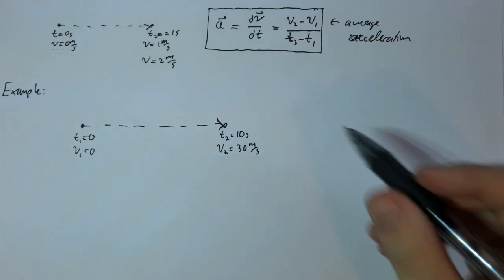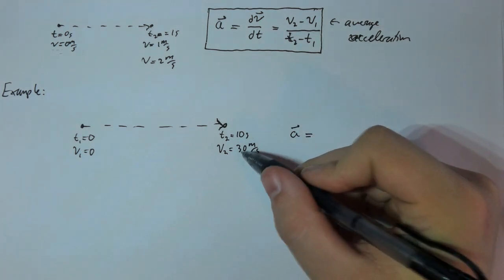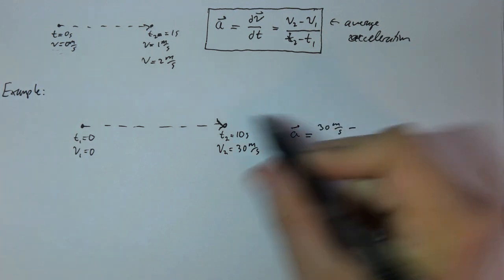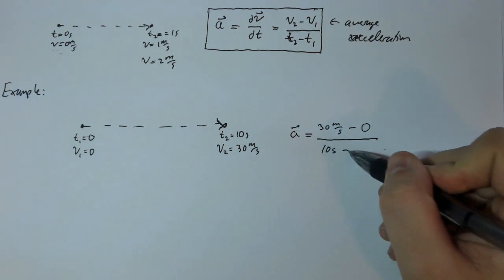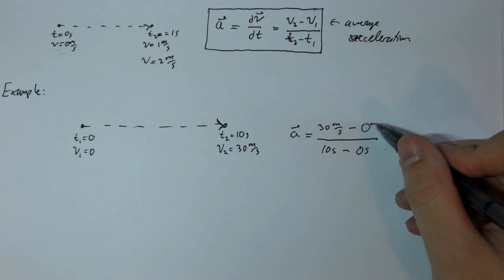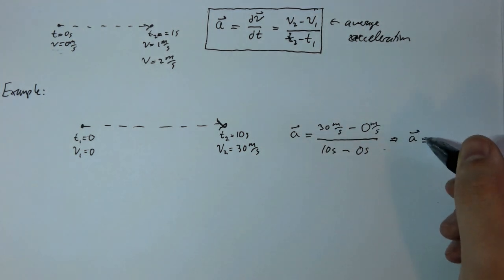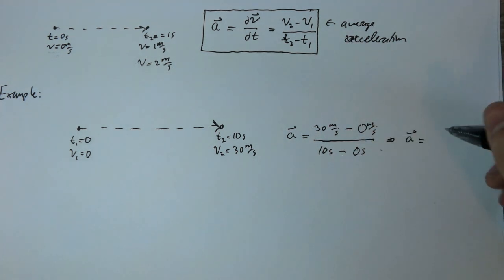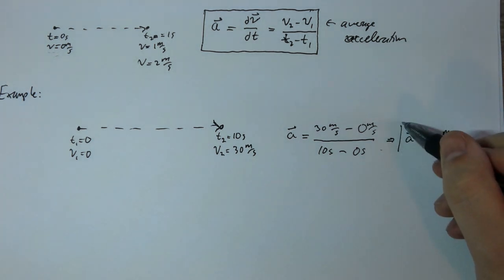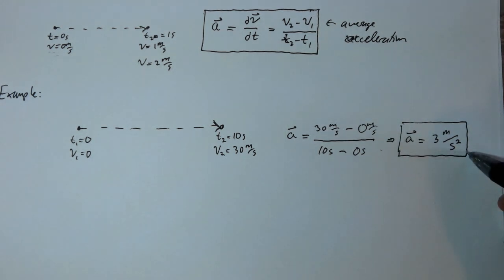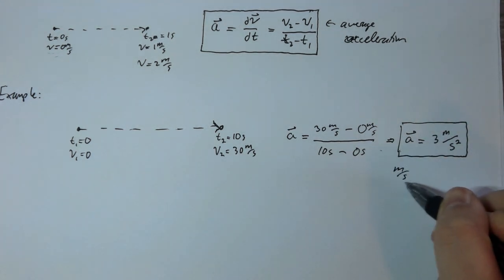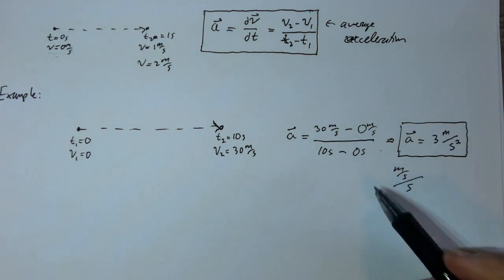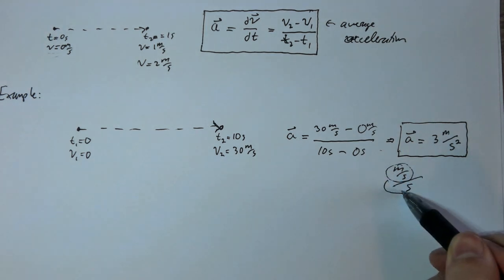So to solve for the acceleration, we just take our v2 minus 0 over 10 seconds minus 0 seconds. And our acceleration works out to 30 divided by 10, which is 3 meters per second squared. So note the units here of acceleration are meters per second squared, which is the same as meters per second per second. So it's like velocity per second.